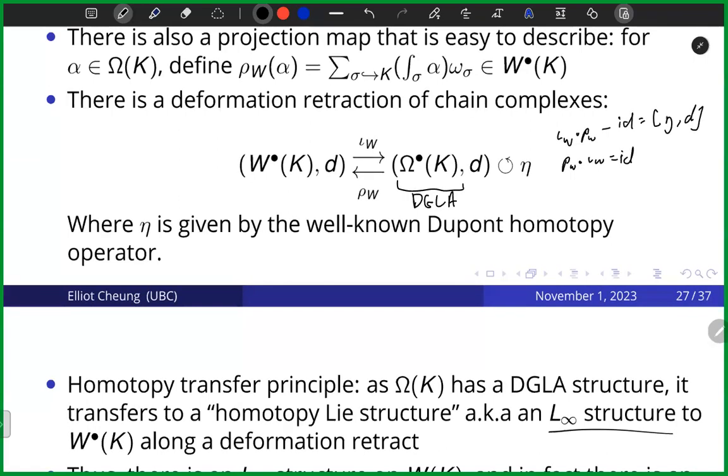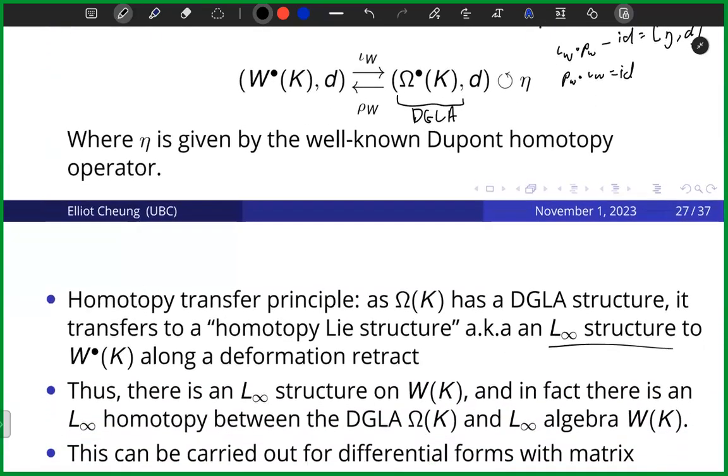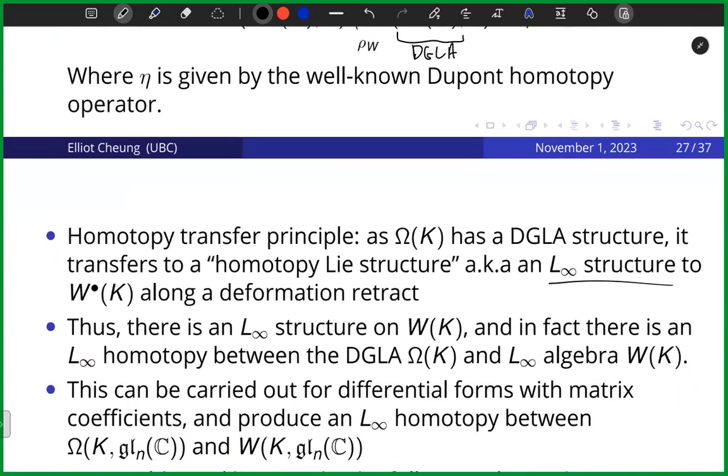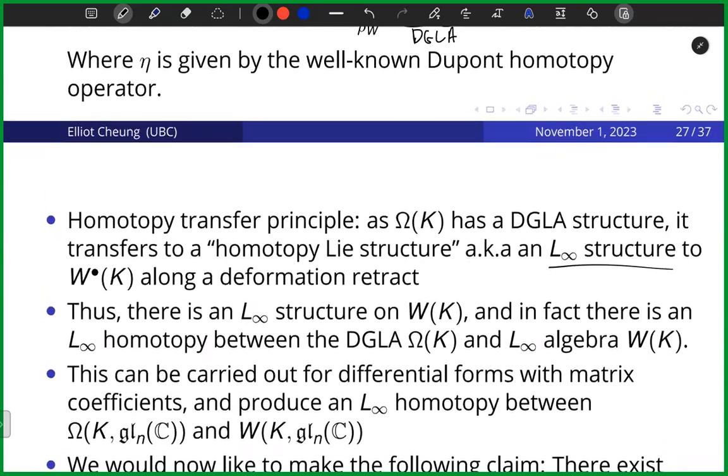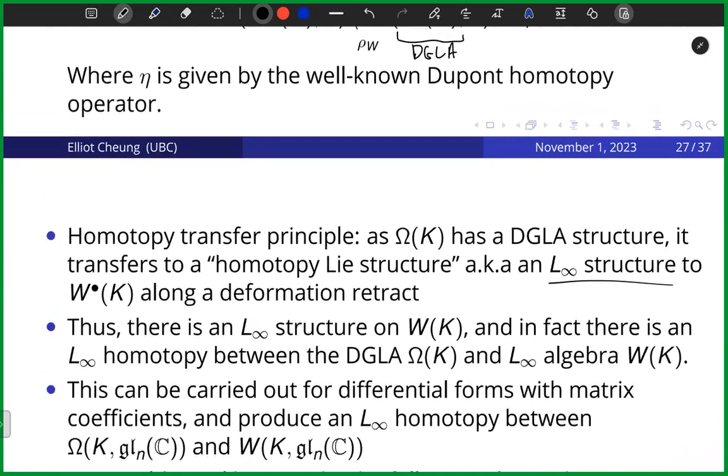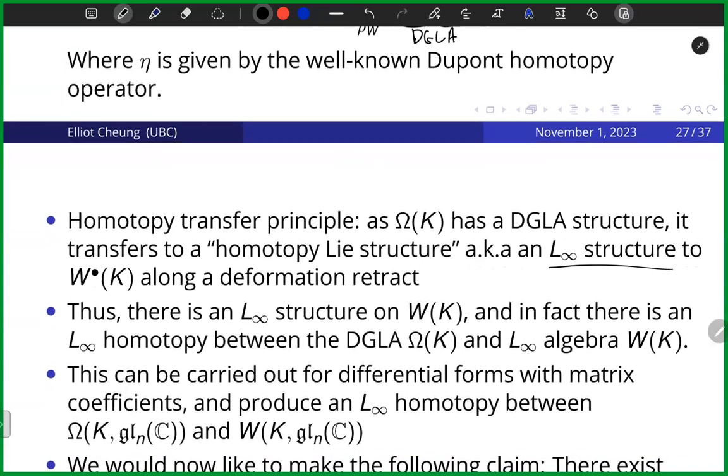So that means the Whitney forms now get an L infinity algebra structure. We can carry this out with matrix coefficients. So now we have a differential graded Lie algebra Omega^k with gl_N, and an L infinity algebra, Whitney forms over K with matrix coefficients.